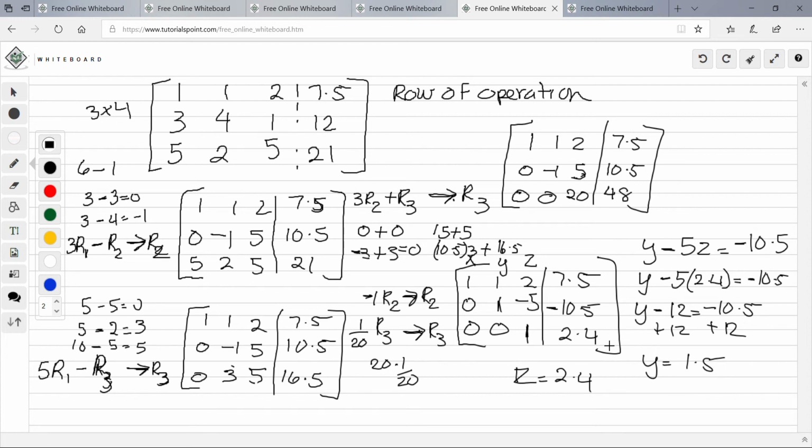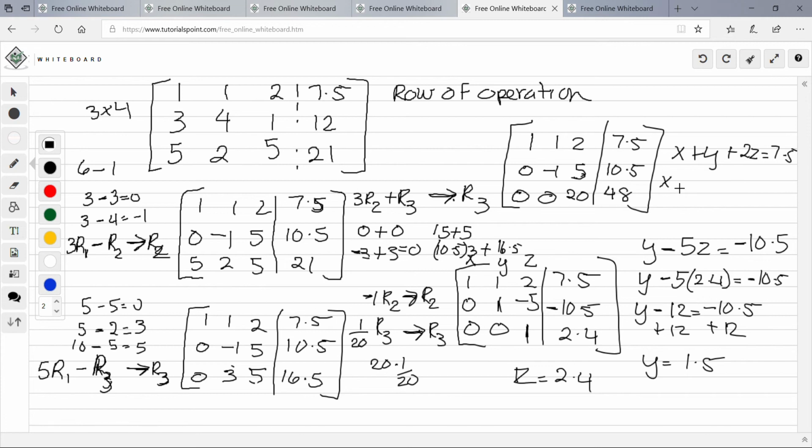Now what we can do is let's go to this row. So it has a coefficient of 1, so it's 1 times x is x, plus coefficient of 1, and that's a column of y. So 1 times y is y, plus 2z, right, equals 7.5. So we don't know our x value, but we know our y and our z.